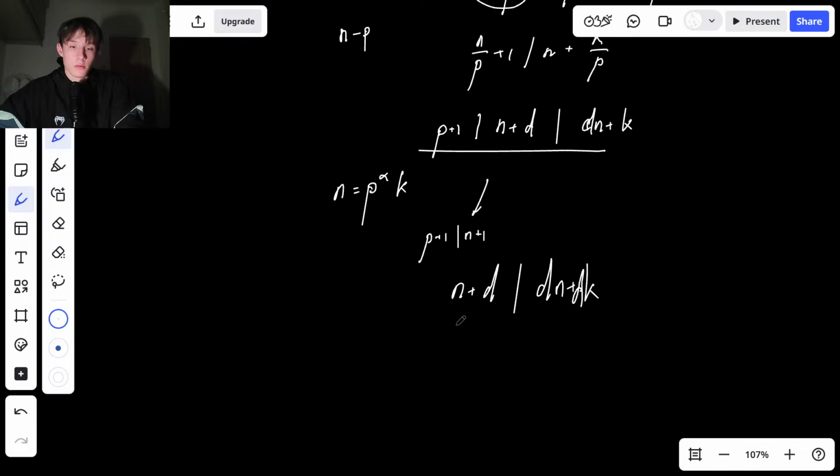And we can write, therefore, n as equal to abd. Then we can write ab plus 1 divides abd, and k will be like ad. So from here, k equals ab.